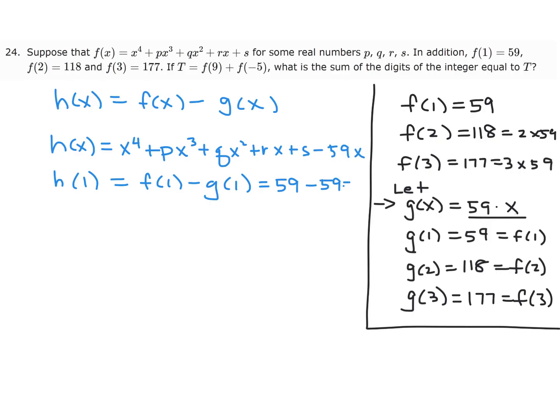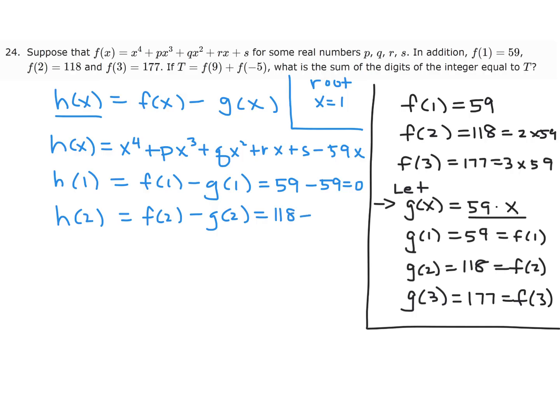So that's 0. So therefore, 1 is a root of h at x. Okay, that's helpful. And then h at 2 is f at 2 minus g at 2, which is 118 minus 118. And therefore, x equals 2 is also a root.